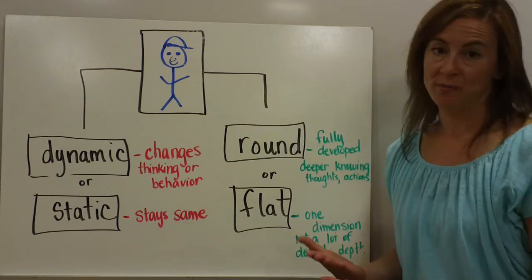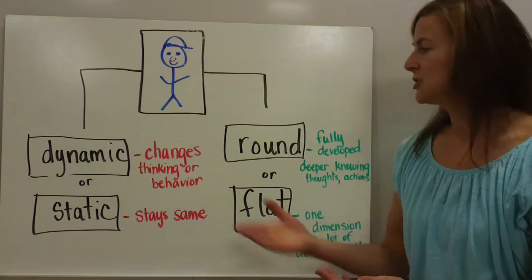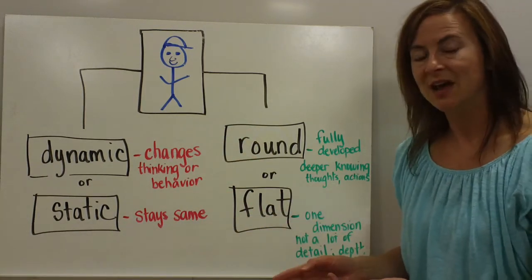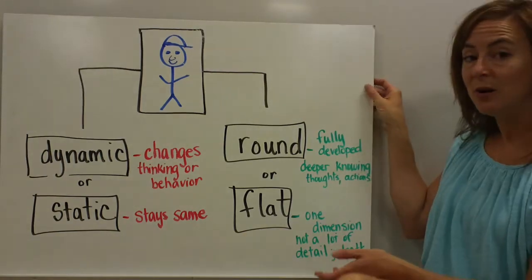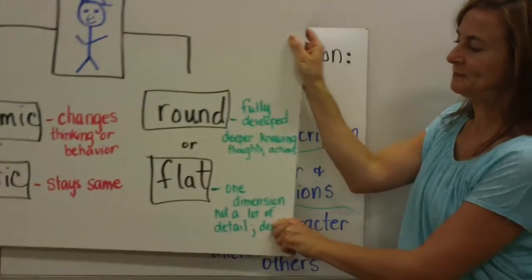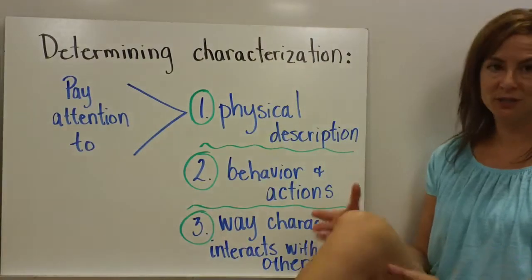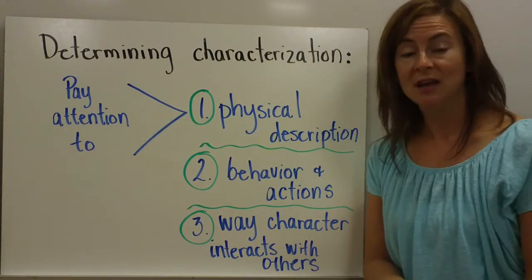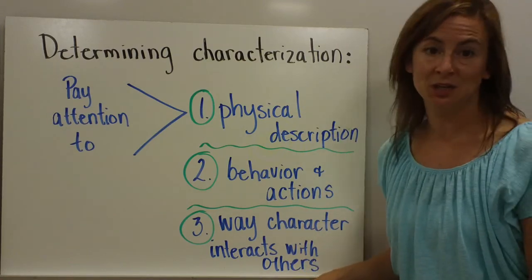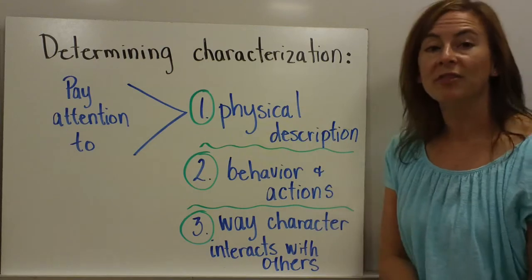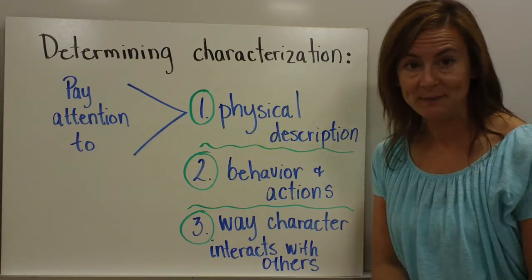When you are determining whether or not a character is dynamic, static, round, or flat, there are 3 things that you are going to be looking at. When we determine characterization, we pay attention to 3 main things in our story. The first thing we're going to pay attention to is how does the author physically describe the character.